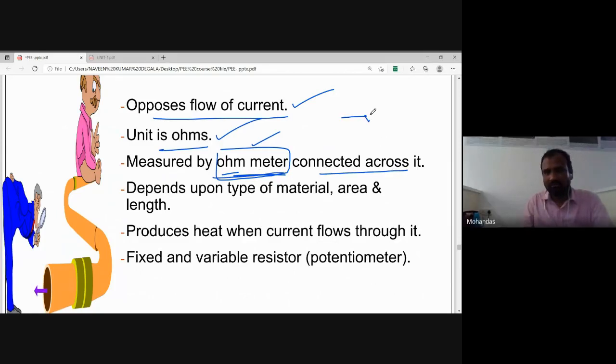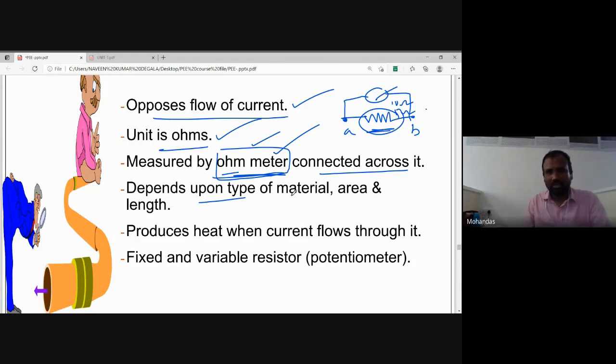Suppose I don't know the resistance of a particular material, then I can connect an ohm meter between these terminals A and B, which will measure the resistance. The reading will be shown here, like 10 ohms, 5 ohms. Based on the property of the material, that will be measured by the ohm meter.